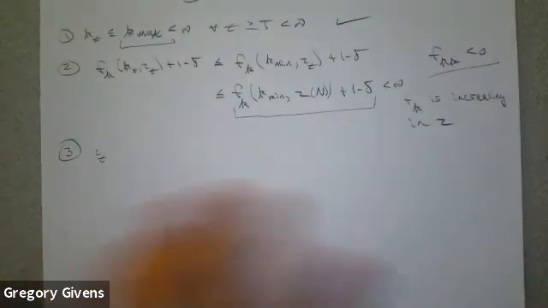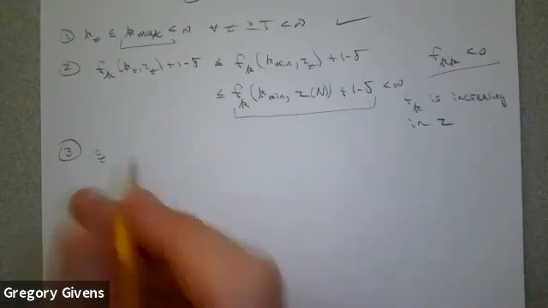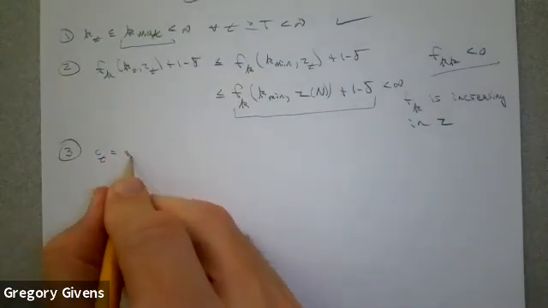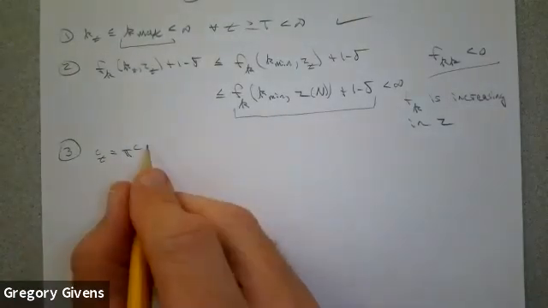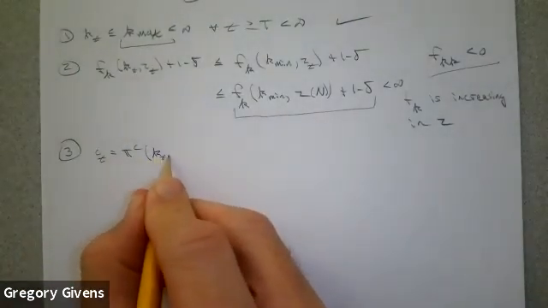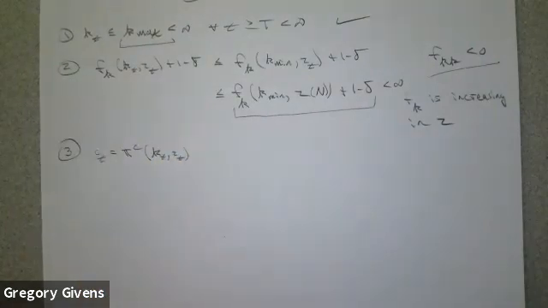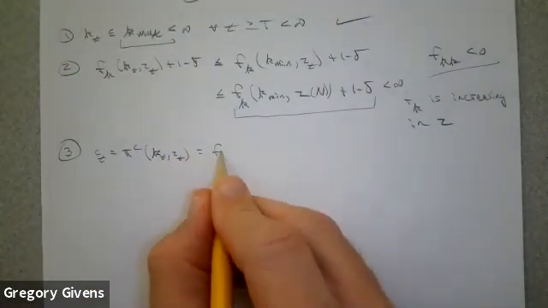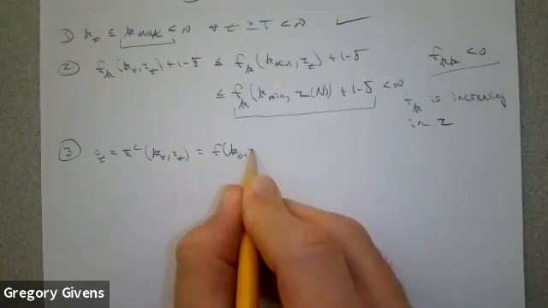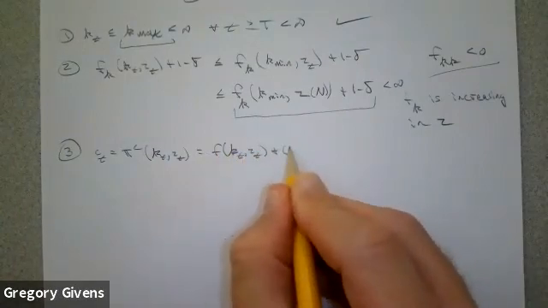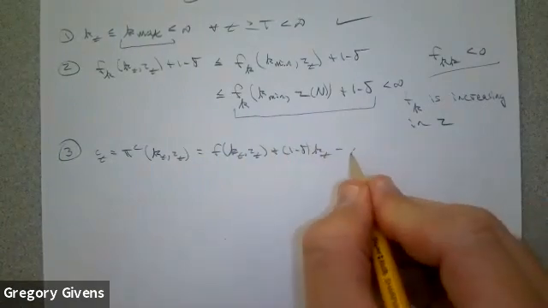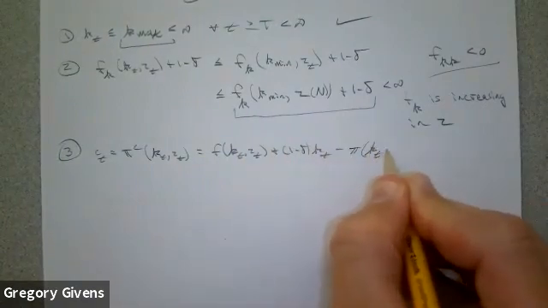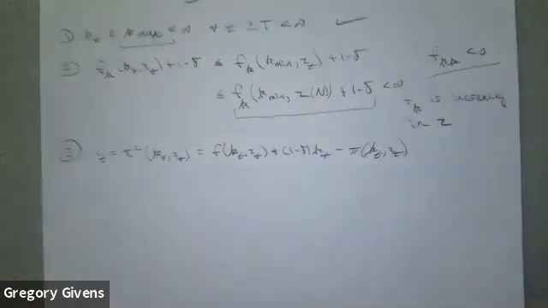Okay, the optimal value of consumption, I'm going to express that as some policy function pi superscript c as a function of k_t and z_t. What is it equal to? It is equal to f of k_t, z_t, plus 1 minus delta k_t, minus k_t plus 1, which is pi of k_t, z_t.